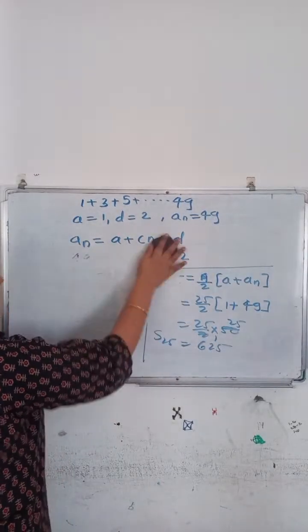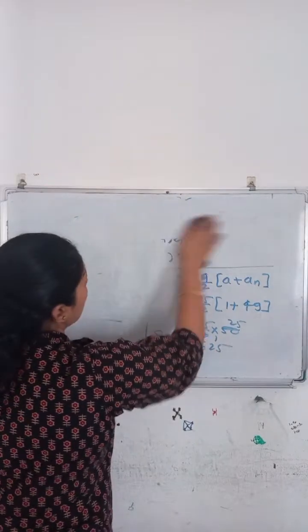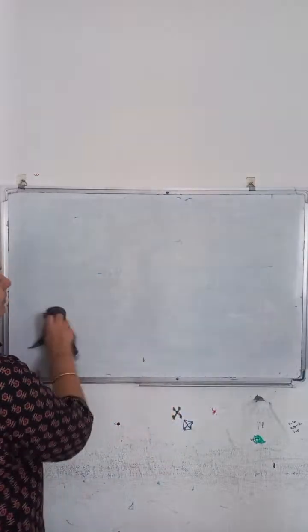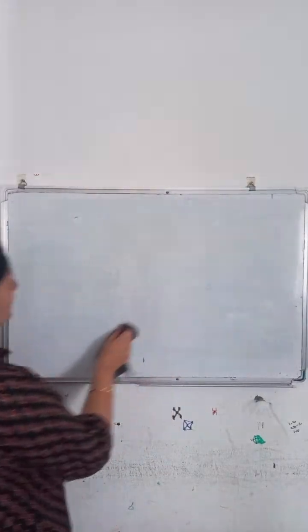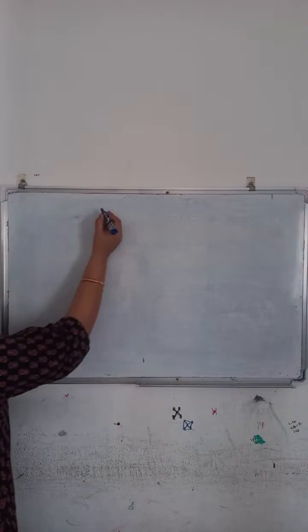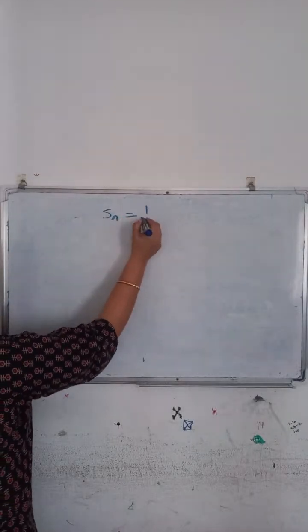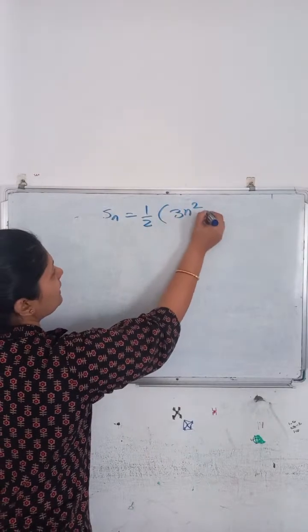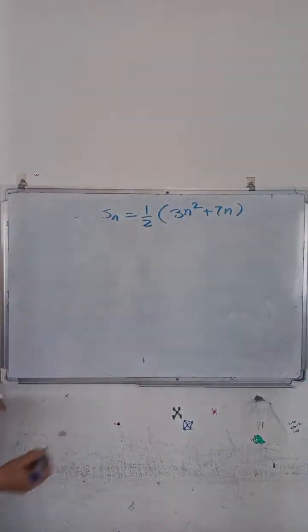See how the questions are given, think about what is given and what they are asking, and according to that what operations we have to do. The given question says the sum of the first n terms, that means Sn is given, in a different form: half, and inside the bracket 3n square plus 7n.